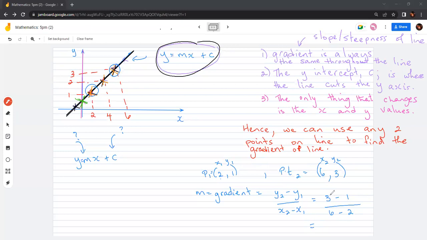So I'll end up with 3 minus 1, that's 2, and 6 minus 2, that's 4. I could reduce this. So 2 could go into 2 once, 2 could go into 4 2 times, so that's a half. So my gradient of this entire line is a half.